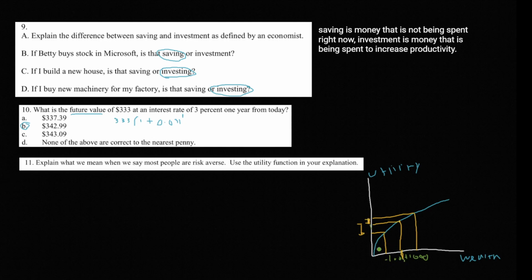The gain of $1,000 will not be as detrimental as the loss of $1,000, and that is the idea of risk aversion.